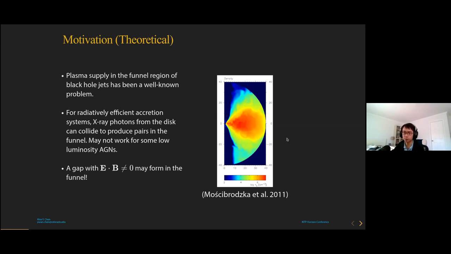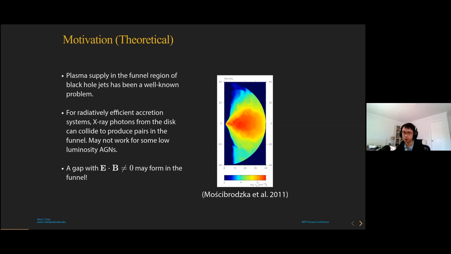It's a very great paper studying this radiatively inefficient accretion flow. They concluded that for M87, the X-ray photons from the disk are enough to produce enough pairs in the funnel, but for Sagittarius A* it's not enough. So in that case, a gap could show up somewhere in the funnel to produce the plasma.